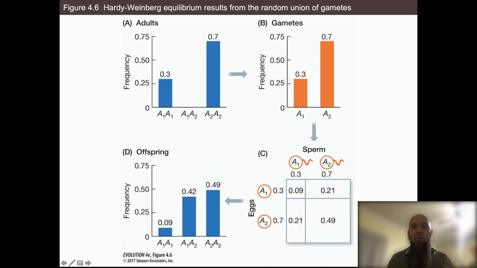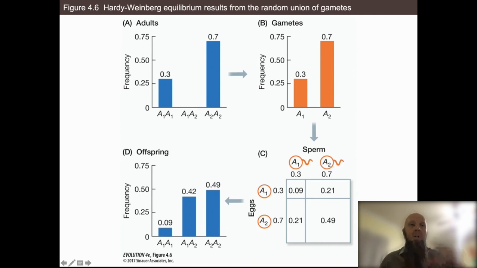Well, if the frequency of the A1 allele in the population is 30%, then there's a 30% chance that each parent gives an A1 to their offspring. So we multiply those two frequencies, 0.3 times 0.3, to get a 9% probability of the offspring of that breeding having the A1 homozygous genotype.